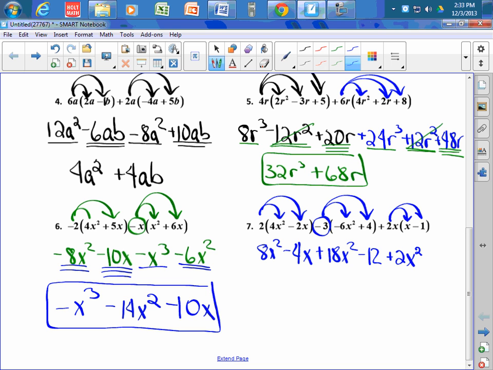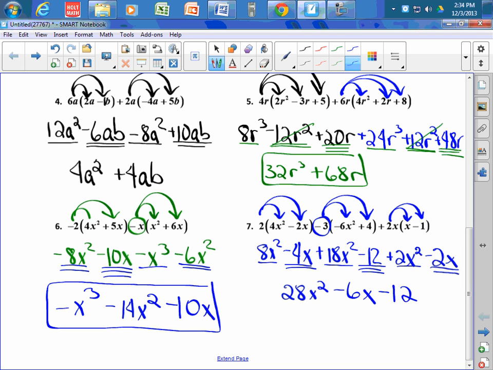And then 2x times negative 1, negative 2x. Combine like terms. 8x squared plus 18x squared is 26x squared. 26 plus 2, 28x squared. Then your negative 4x minus 2x, negative 6x. Then you have your minus 12.